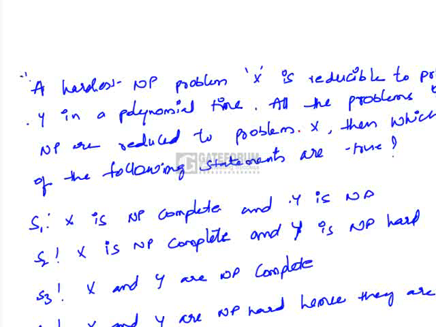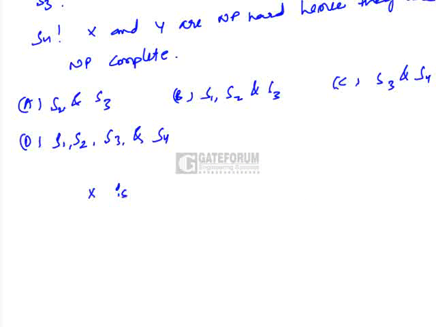Here it is given that X is in NP, and all the NP problems are reduced to X. That means we can say X is NP complete. And also it is given that NP complete problem X is reduced to some problem Y in a polynomial time.